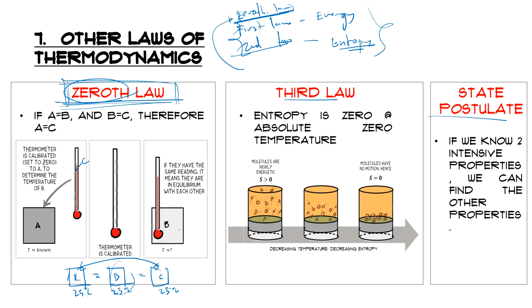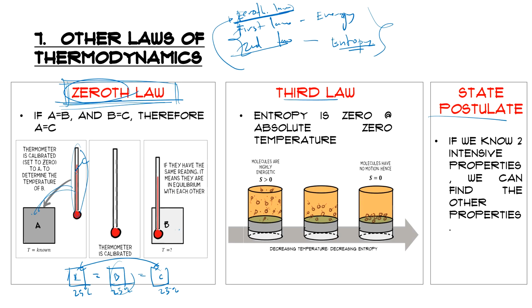If I measure with this thermometer C on A and then on B, and they have the same reading, then they are of the same temperature. But if not, then there is a difference in temperature.